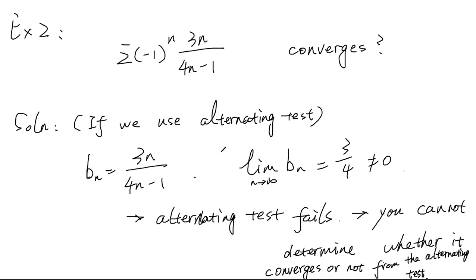So for this example, because we have calculated that the limit of Bn is not equal to 0, you can easily imagine that An is just either -1 or +1 times Bn.